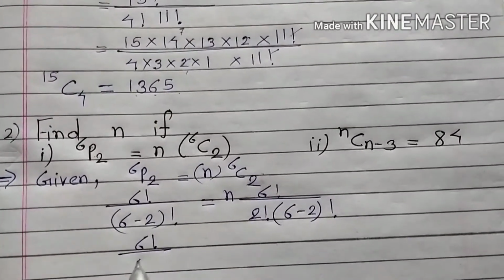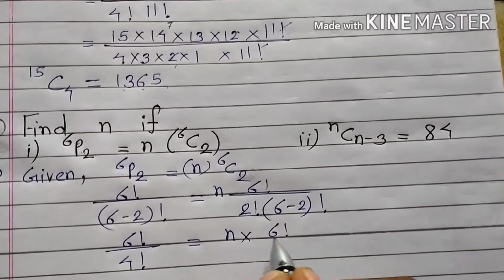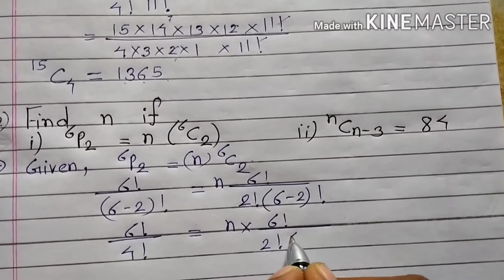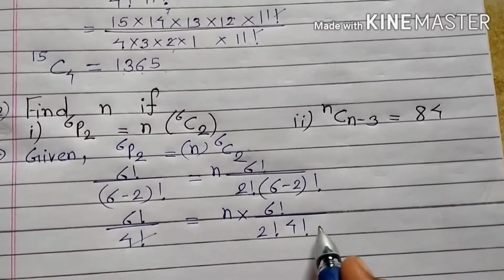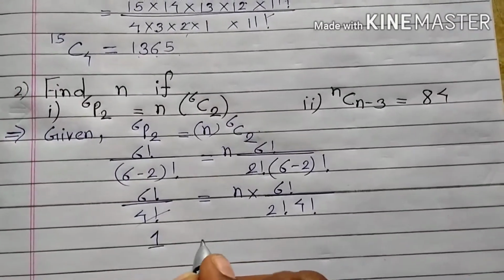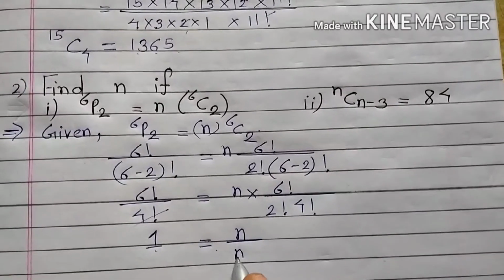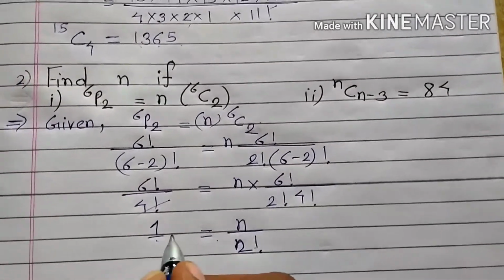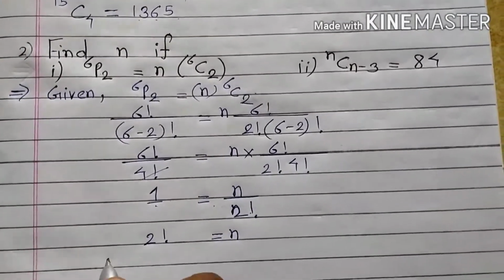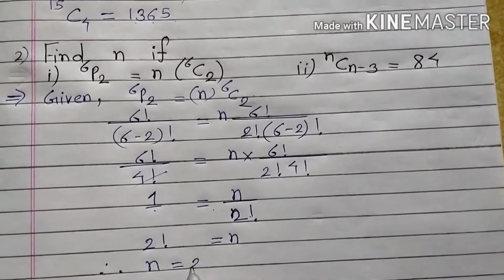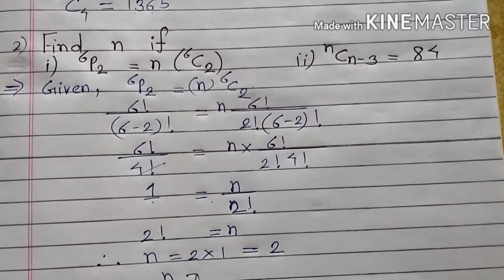So 6 factorial upon 4 factorial is equal to n into 6 factorial upon 2 factorial into 4 factorial. So 6 factorial cancels, 4 factorial cancels. Only remaining, 1 is equal to n upon 2 factorial. So 2 factorial into 1 is 2 factorial, which is equal to n. Therefore n is equal to 2 into 1, which is 2. So n is equal to 2.